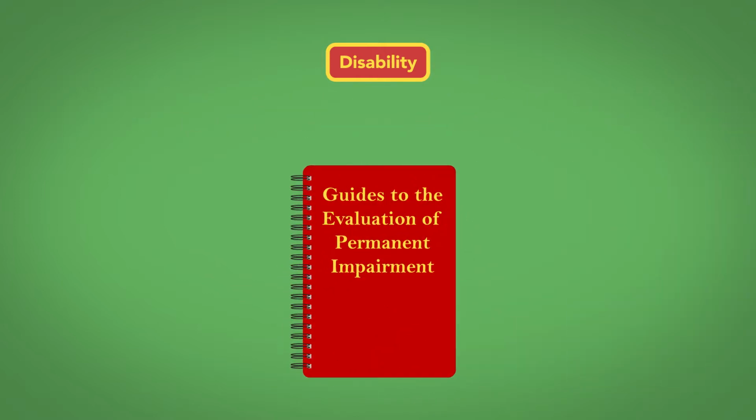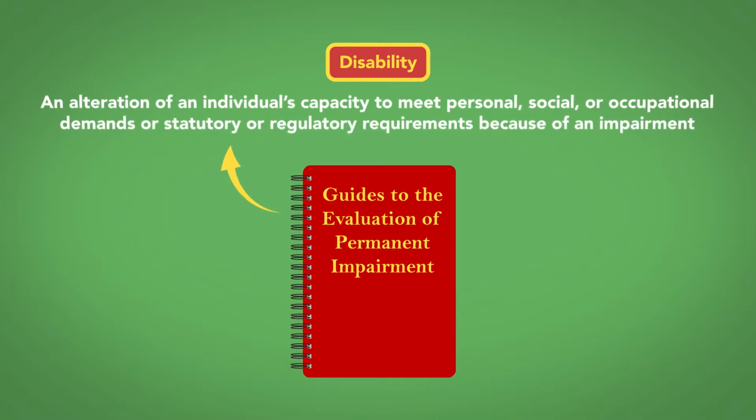However, the AMA Guides more specifically define disability as an alteration of an individual's capacity to meet personal, social, or occupational demands or statutory or regulatory requirements because of an impairment.